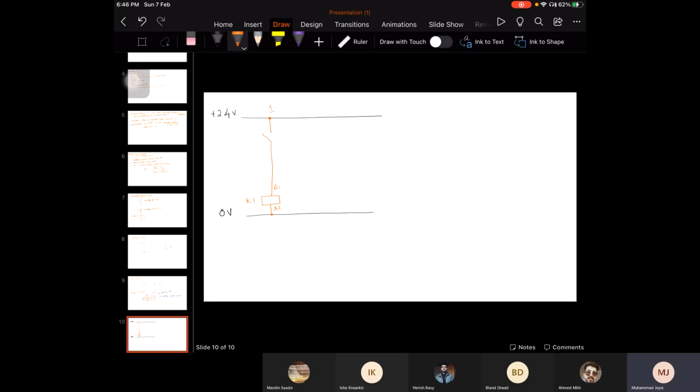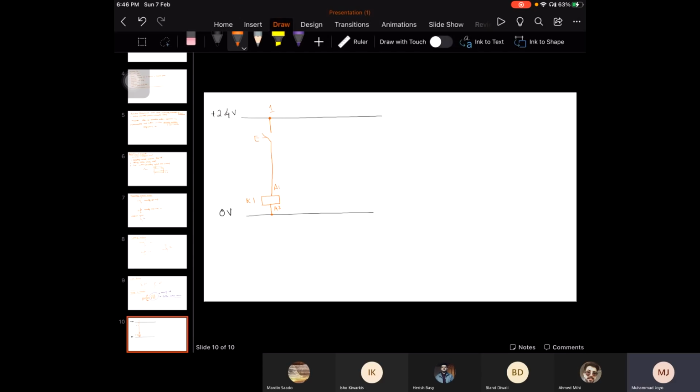Any switches or logic has to be in this area before the relay is attached. The end of the network needs to be the relay. Understand? Okay. Yes. All right.